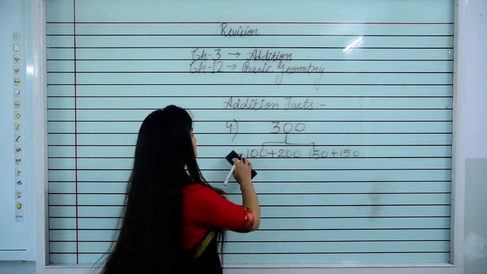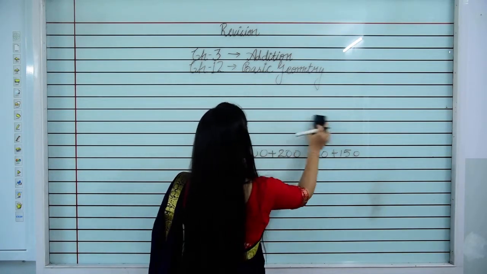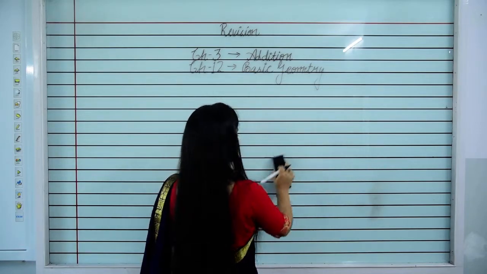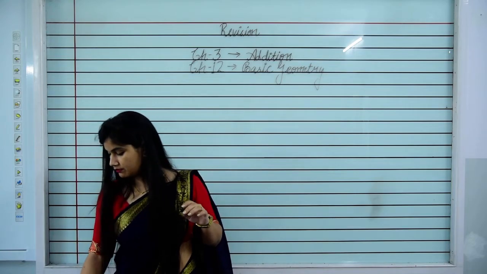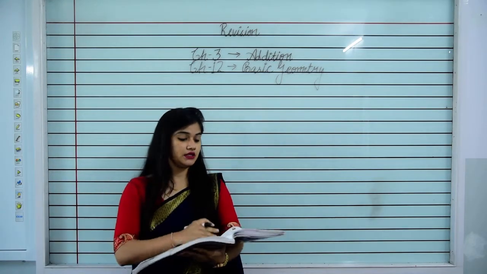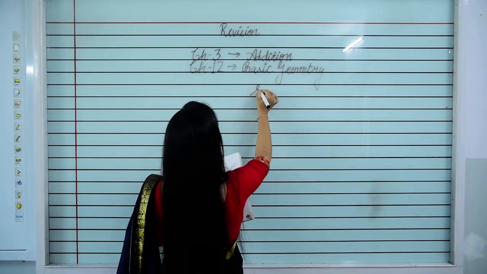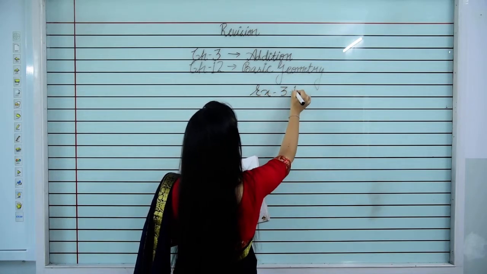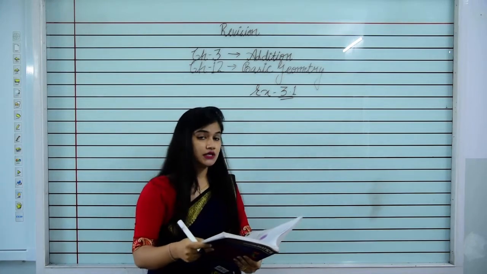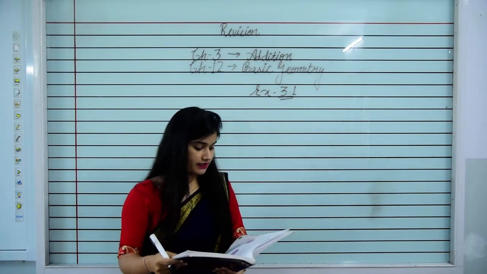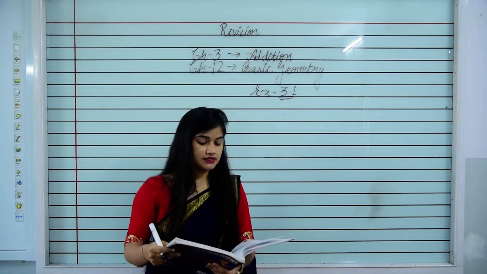Now students, now we take some questions of addition. So students, open page number 26 and we are taking questions of exercise 3.1. Exercise 3.1 on page number 26, we are taking question number 3, that is add and write the answer in words.